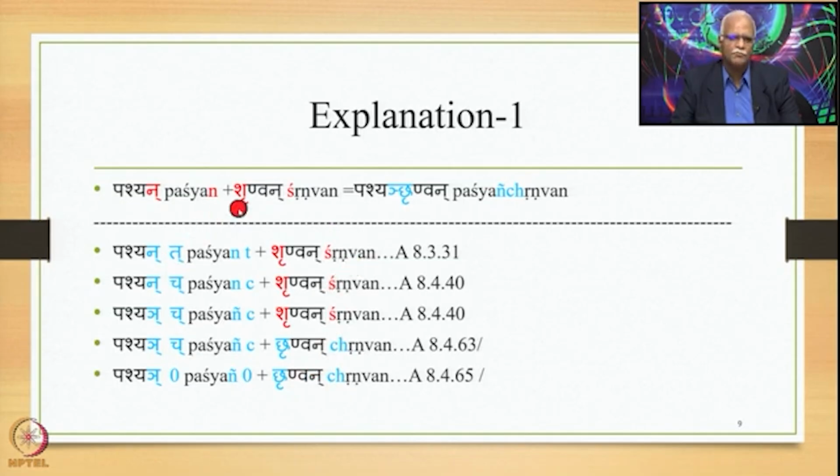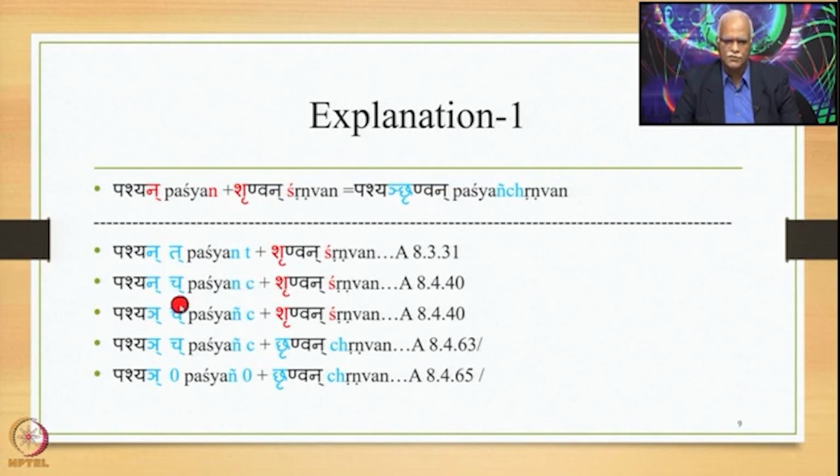So we have Pashyan plus Shrunvan as the input. Now 8331 allows us to add this ta over here. And now we have pashyanta shrinvan. Then this ta, when comes into contact with this sh, is subjected to stoshchanaschuhu, and this ta will be substituted by ch. So we have pashyancha shrinvan.